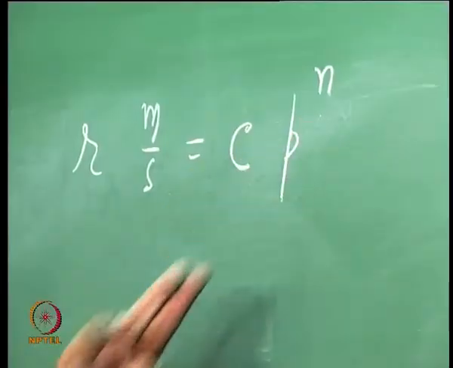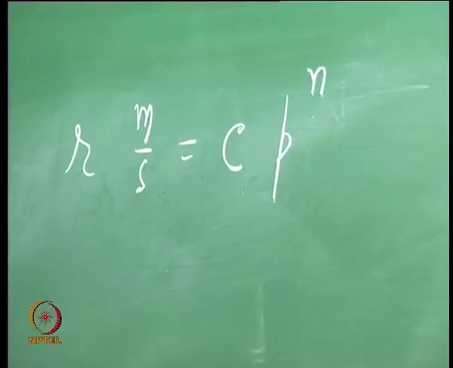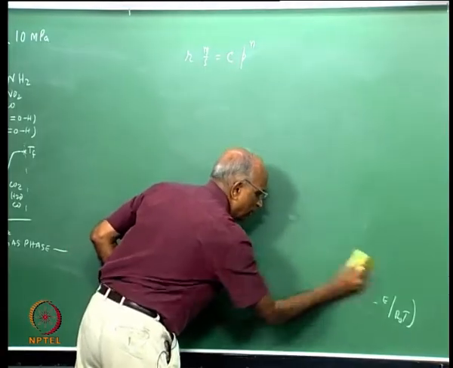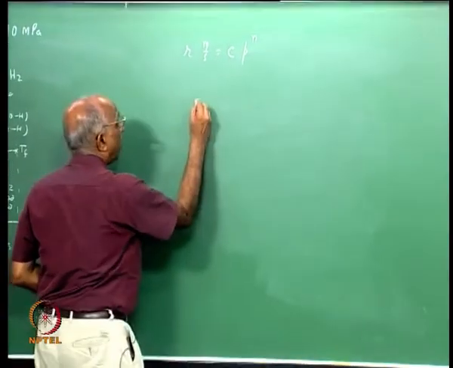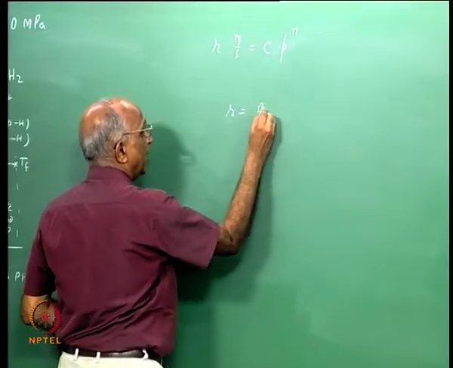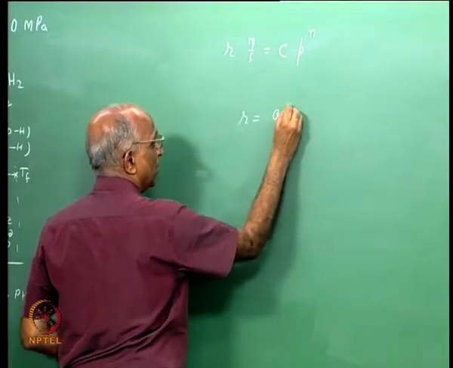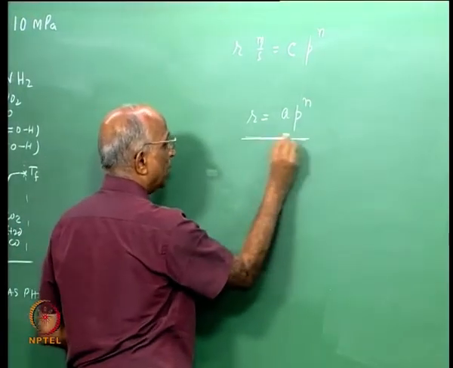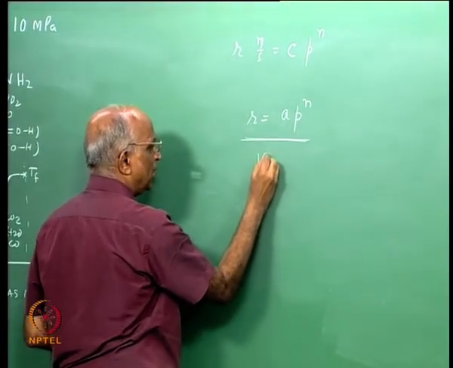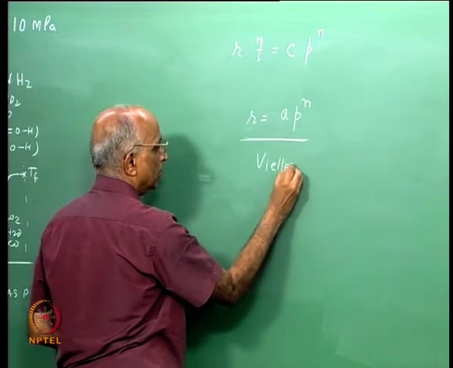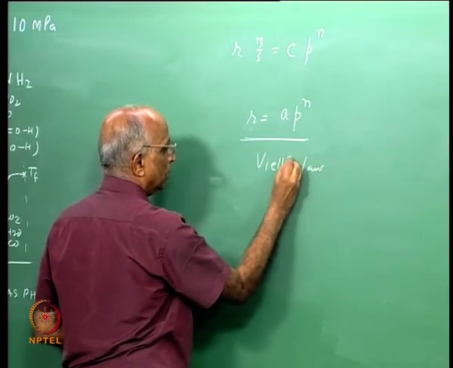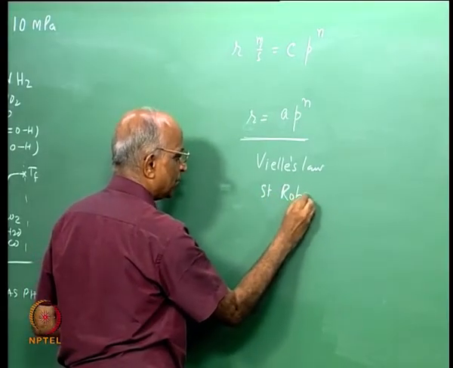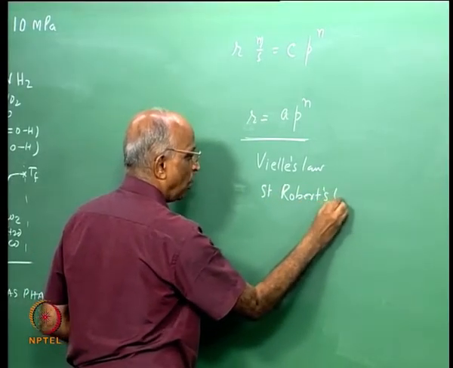It is possible for us to write the burn rate of a propellant, maybe the double base propellant, r equals a P to the power n, writing a constant A instead of C. This form of burn rate is what is known as Vieille's law, or, since a priest in France also discovered it, it is known as Saint Robert's law.